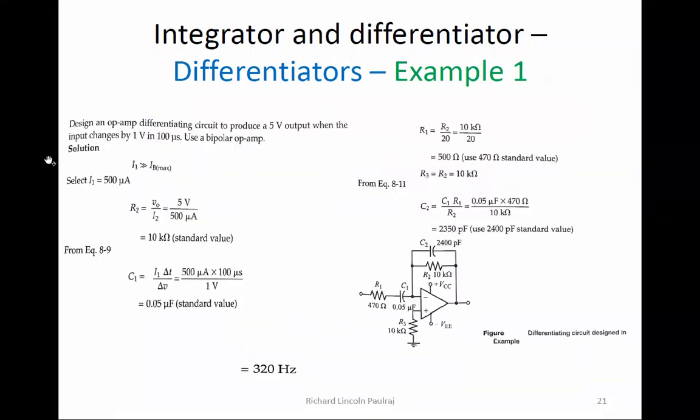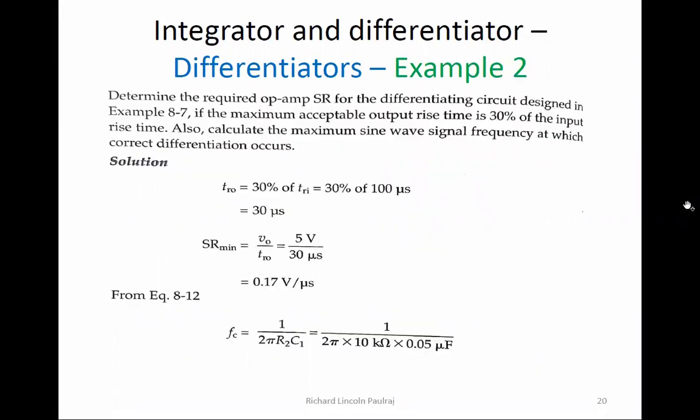How did we get 100? We got it with the previous problem. If I take 30% of that, obviously it gives me about 30 microseconds, isn't it, students? Next we have the formula: SR minimum is equal to whatever output voltage you have, divided by the rise time of output.